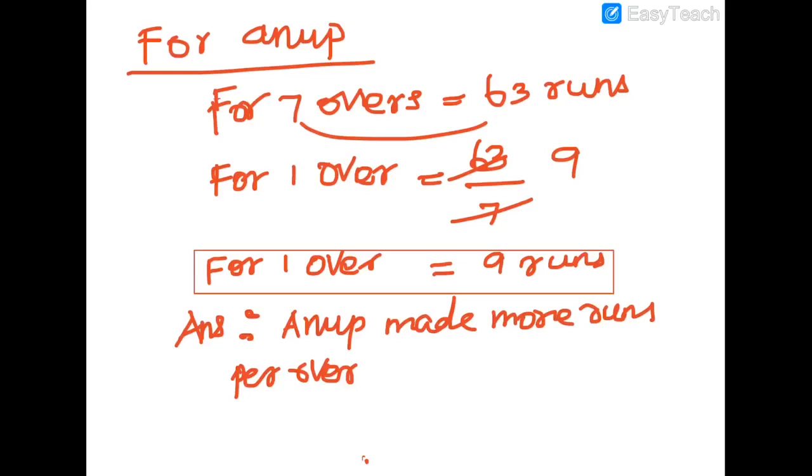Okay, so this is the problem, students. I hope you all understand. I will finish this exercise. In this full exercise you have to know what is meant by the unitary method. The unitary method is nothing but finding the value of a single unit.